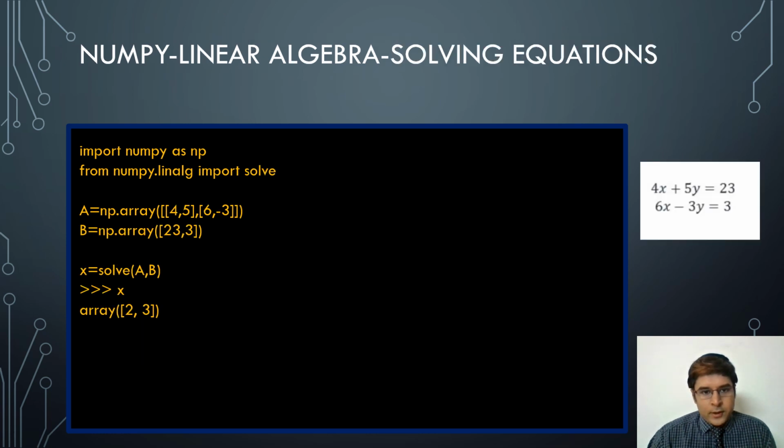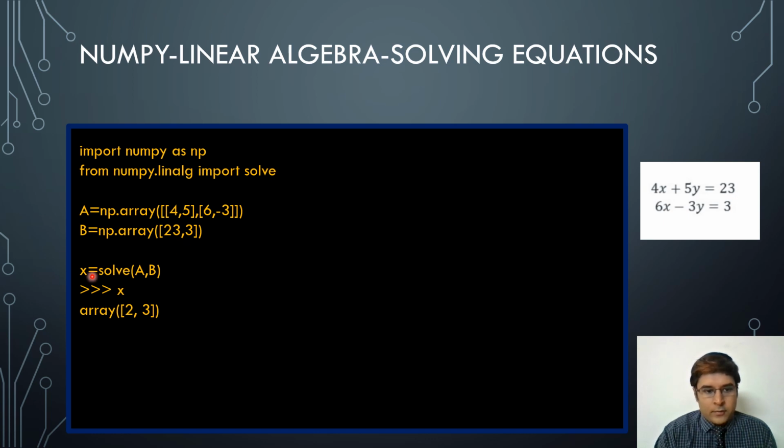So we can use linear algebra with NumPy for solving equations. Suppose we have this set of equations on the right side here. The left side of the first equation can be written as the first row of this array here, and the second equation as the second row, I mean the left hand side, the input side, and the right hand side can be written as another array, 2, 3 and 3 here.